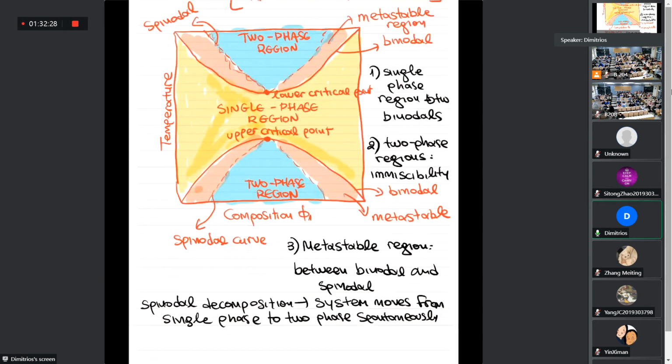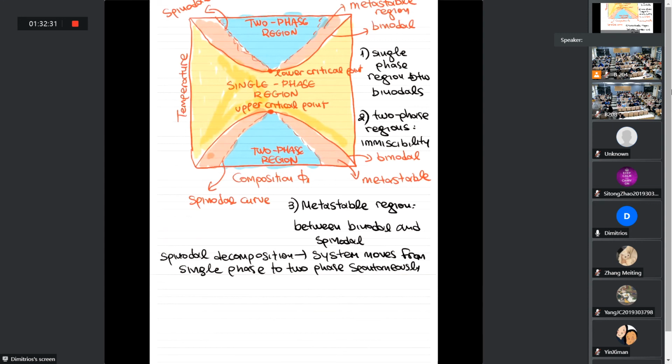As you can realize from this graph, what is required in order to have phase separation? We will have to have a change in composition or a change in temperature, okay?